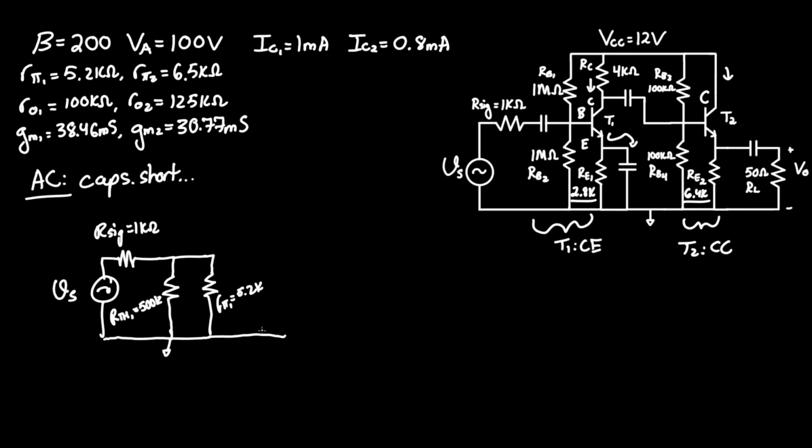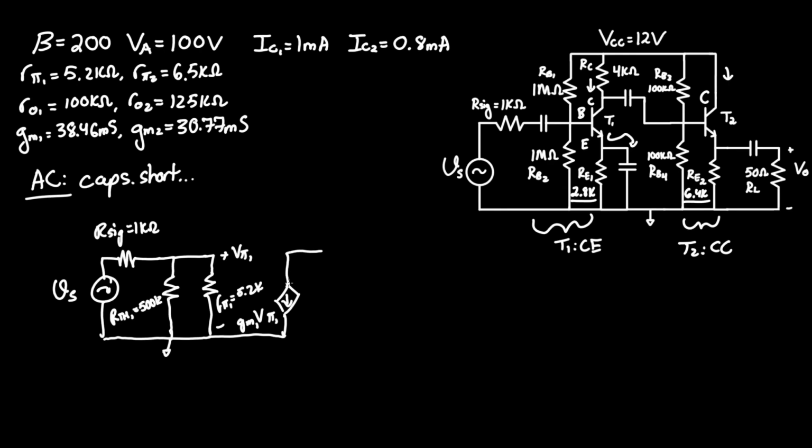Now we have our dependent current source, GM Vpi. You can call it GM Vpi1 or GM1 Vpi1, where this is the voltage Vpi.